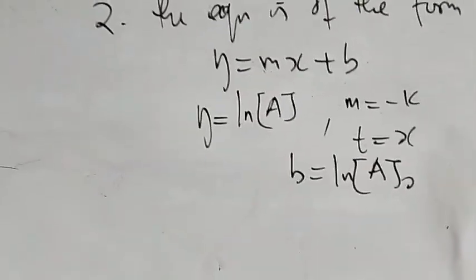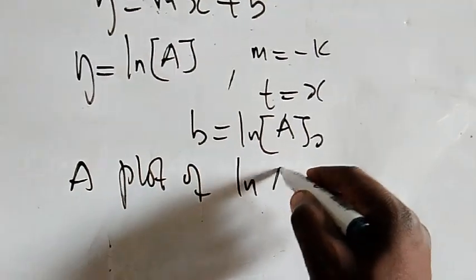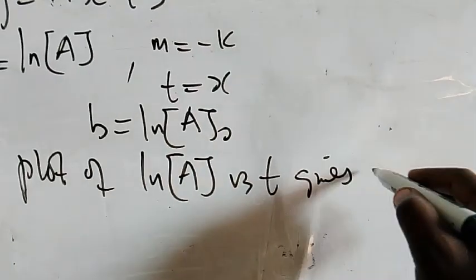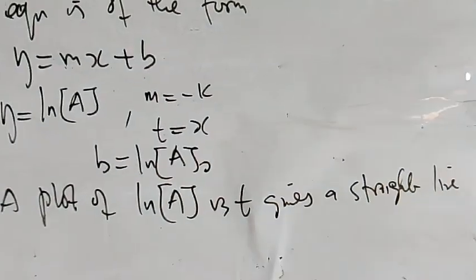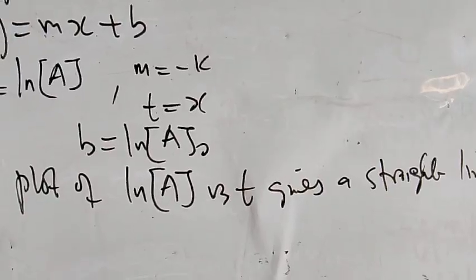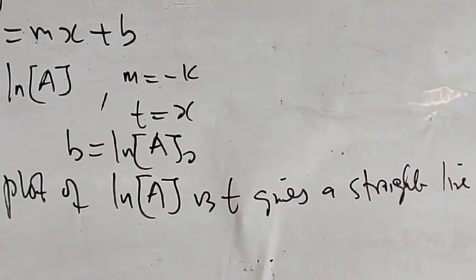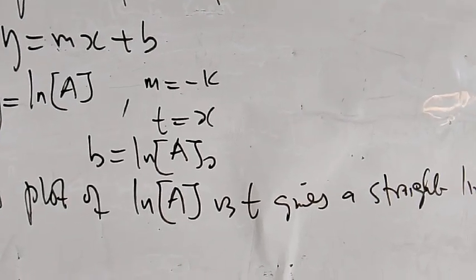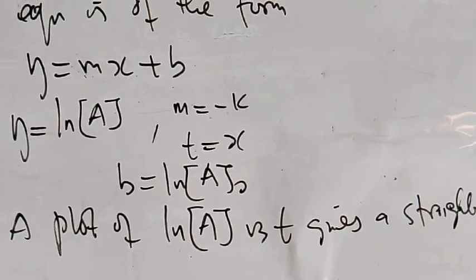So a plot of ln A versus t gives a straight line with intercept ln A initial.